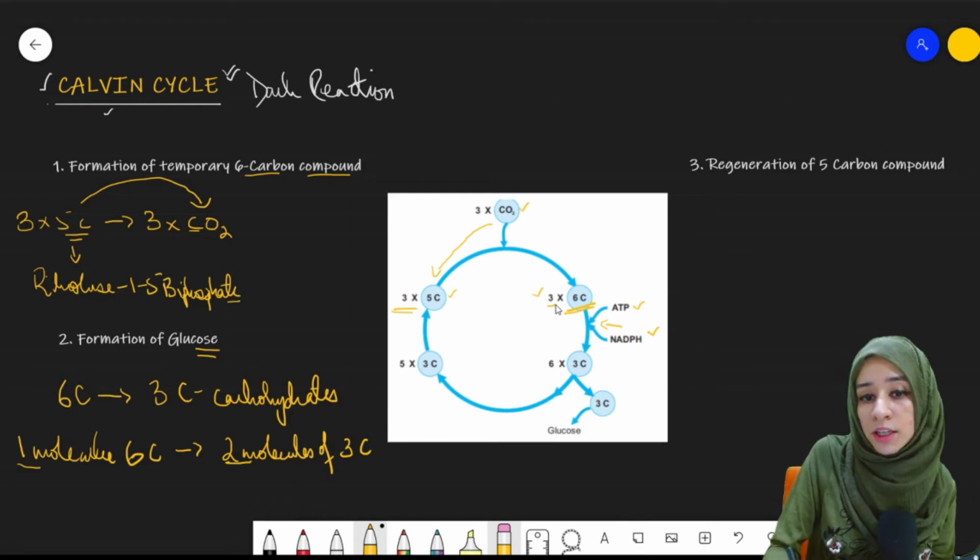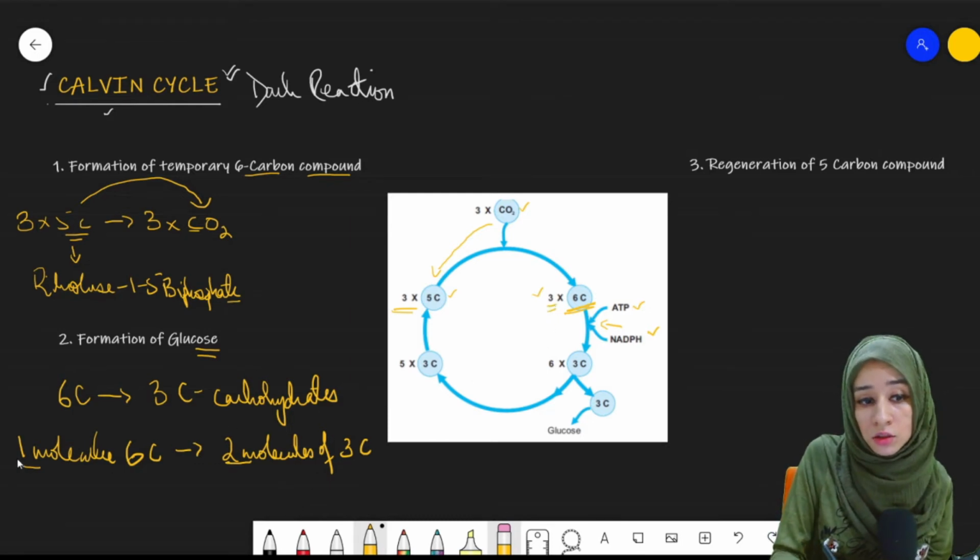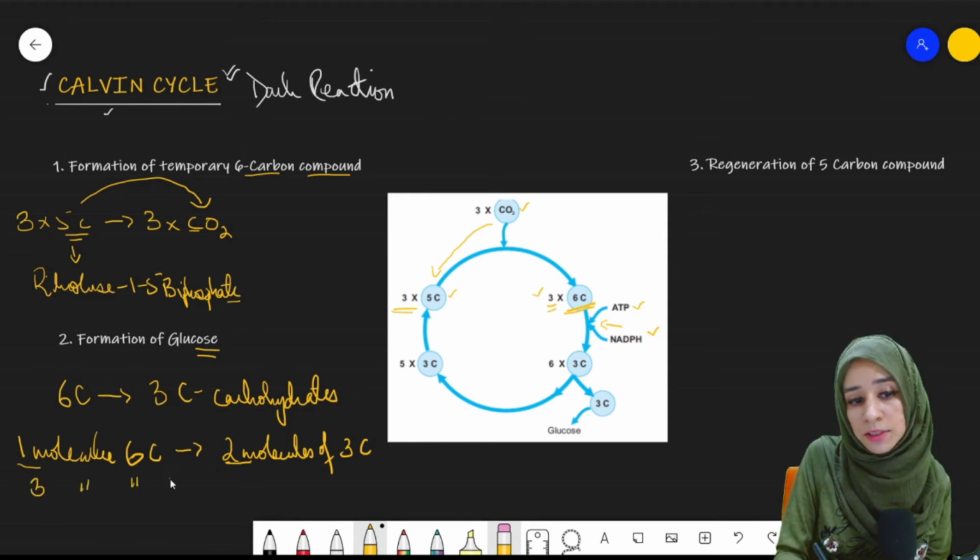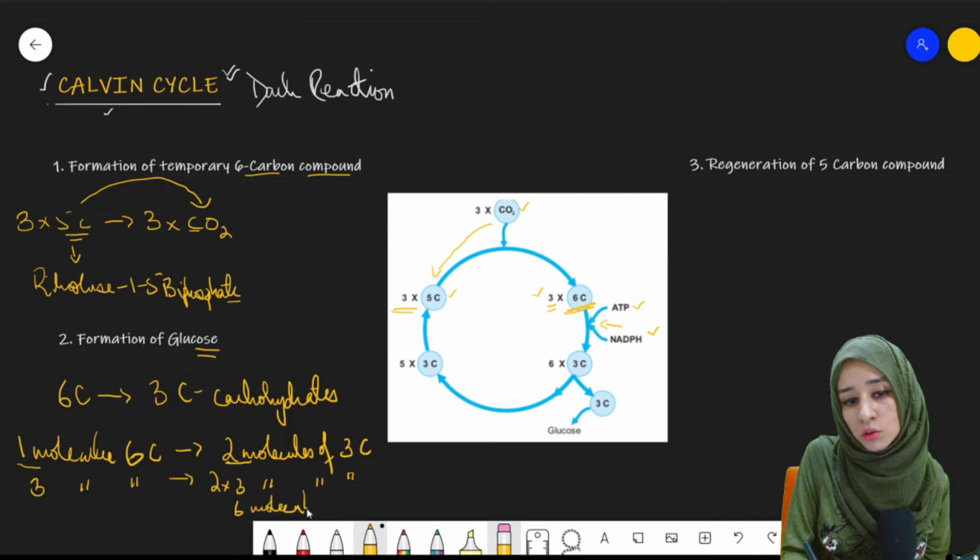How many molecules do we have? We have 3. So if one is splitting into 2, then 3 molecules of 6-carbon compound will split into 6 molecules of 3-carbon carbohydrate compounds. Got it?